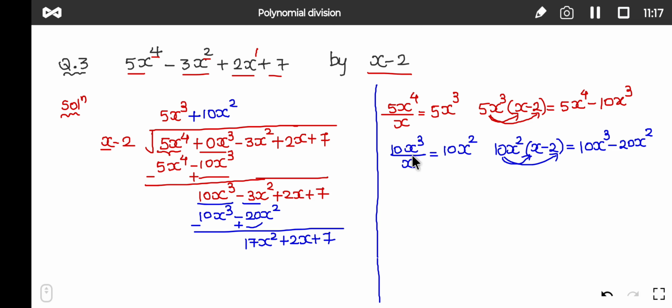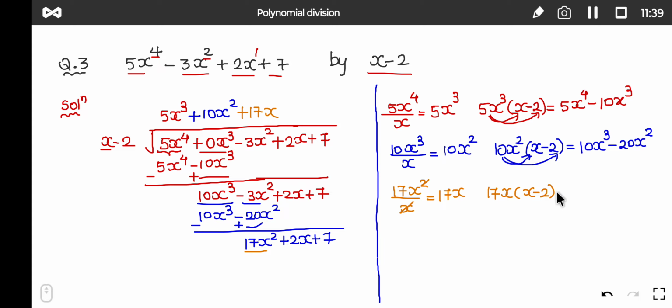Now apply the same step again. First term is 17x square, and outside the first term we have x. So 1x will get cancelled, so what will remain? 17x, and it is plus, so we have to write down plus 17x. Then multiply 17x with divisor, that is x minus 2.